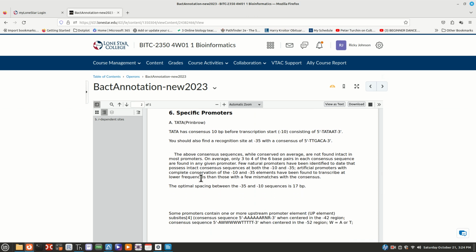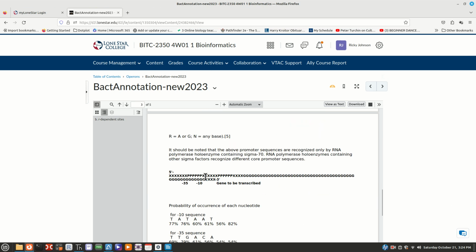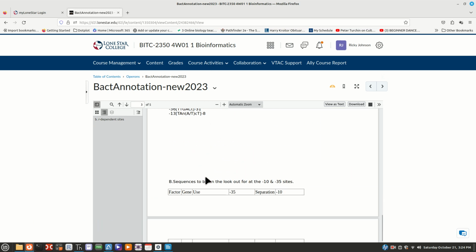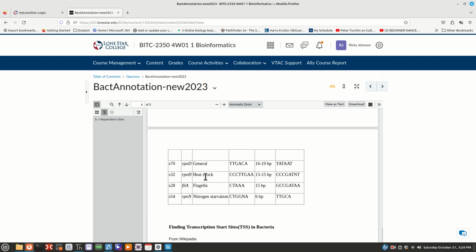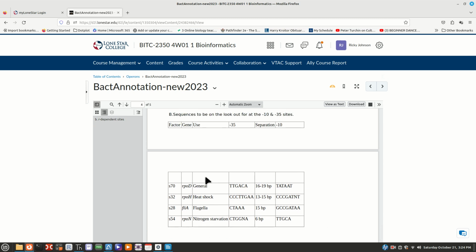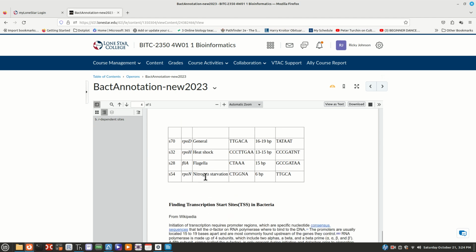The other subparts of the RNA polymerase holoenzyme that can be substituted out for the sigma 70 will bind to different sequences than TATA. So if you think you have one that is different from TATA, you would look for slightly different sequences. This next chart is if you think you have something related to heat shock, in other words, temperature change.